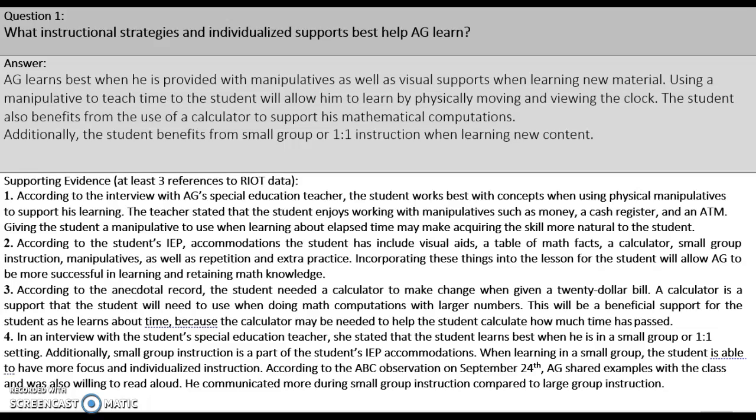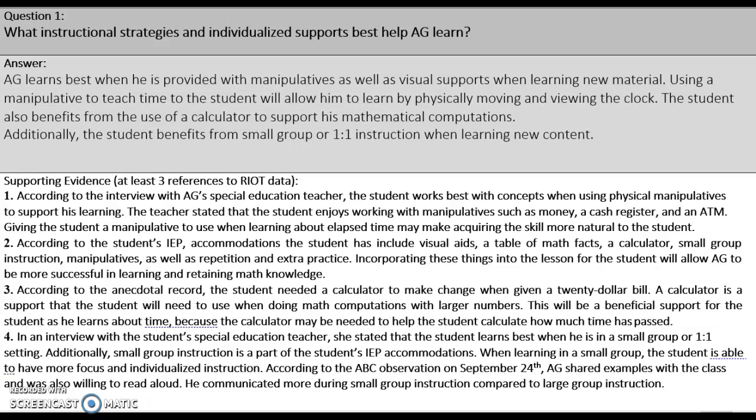So, while the field-based candidate was performing his or her RIOT process, they were building up a trail of evidence, and the evidence was to support answers to the assessment questions. They then summarized those pieces of evidence and put them into this answer. Underneath, they have supporting evidence that they found in their RIOT process.